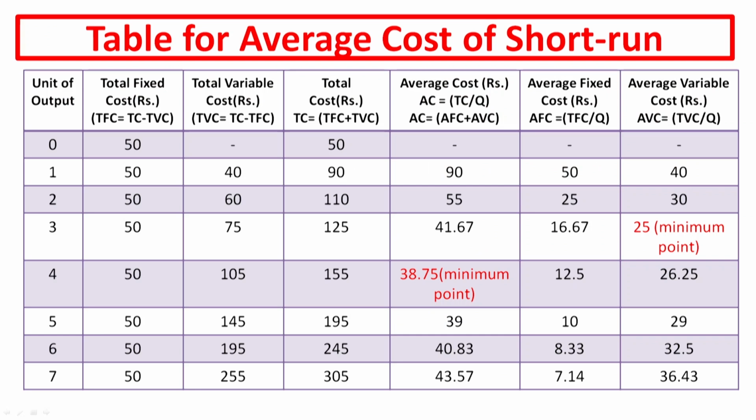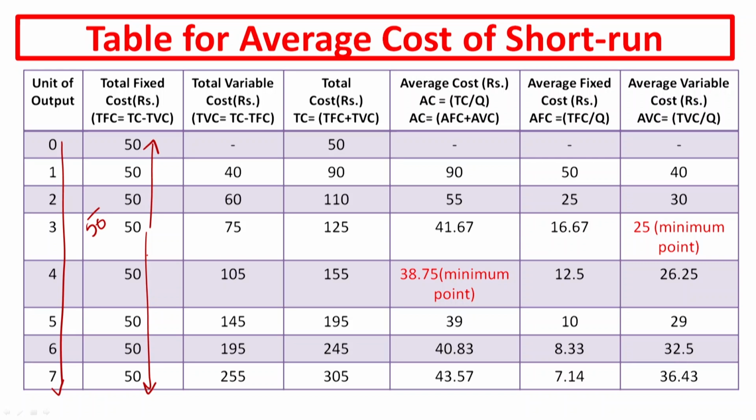So, this can be explained with the help of a table as well. As you can see, your output is increasing from 0 to 7. Your fixed cost remains constant throughout the period, that is 50.